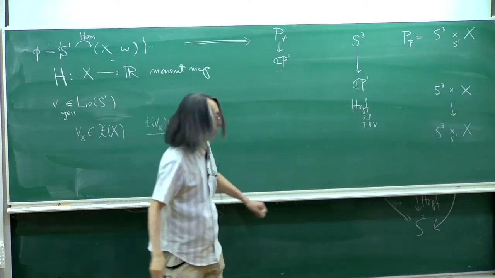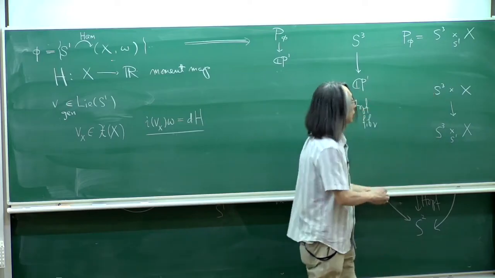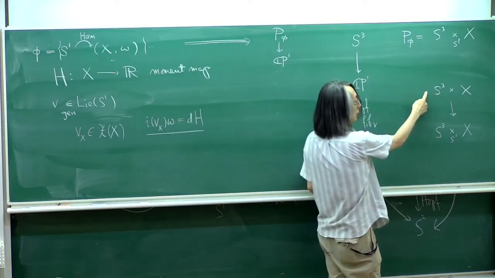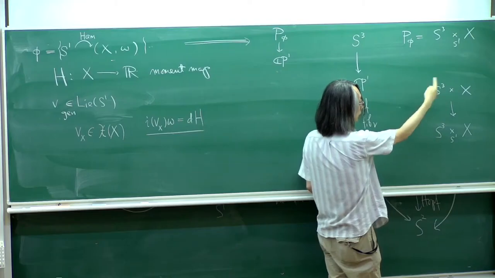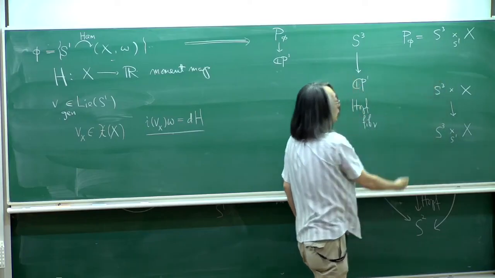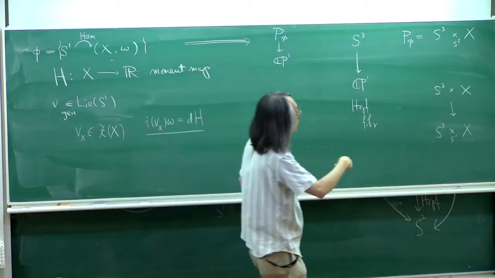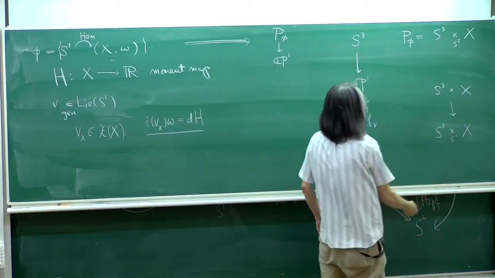The differential form here is nothing but a so-called basic form, that means an S1 invariant form, and it vanishes on the vector field of this circle action, right?